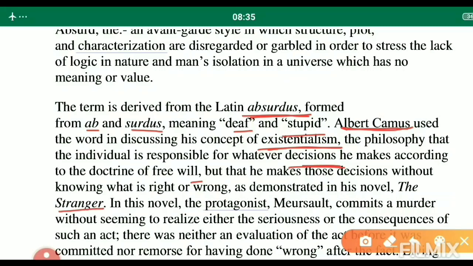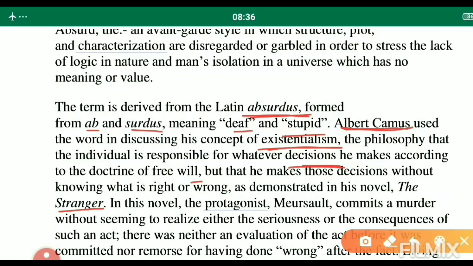So Albert Camus, one of the writers of the modern era, used this particular word absurd in discussing his concept of existentialism. Existentialism is another literary term. When we go to the E alphabet, we will definitely discuss this term too in detail.